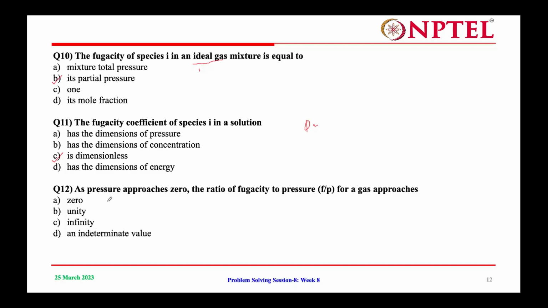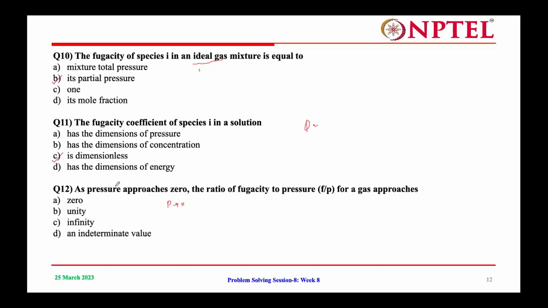The question says, as pressure approaches zero, the ratio of fugacity to pressure for the gas approaches what?